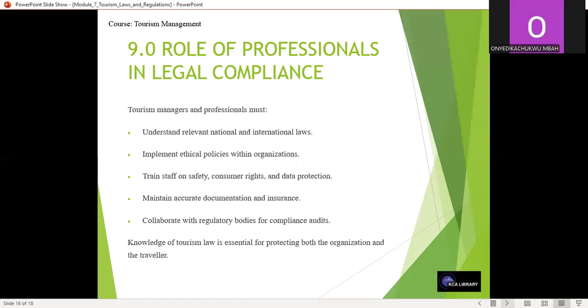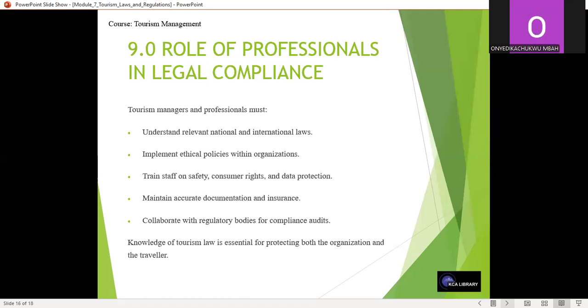Here now we have the role of tourism professionals in legal compliance. What are the roles that tourism professionals should play in legal compliance? Tourism managers and professionals must, number one, understand relevant national and international laws, implement ethical policies within organizations, train staff on safety, consumer rights, and data protection.